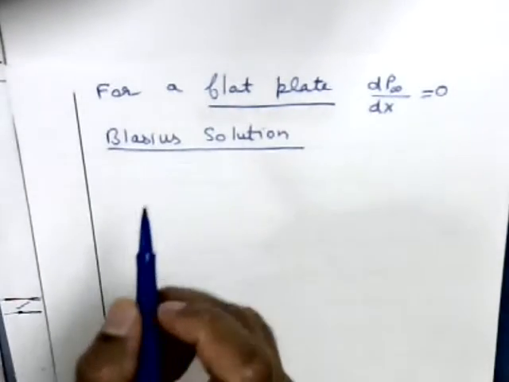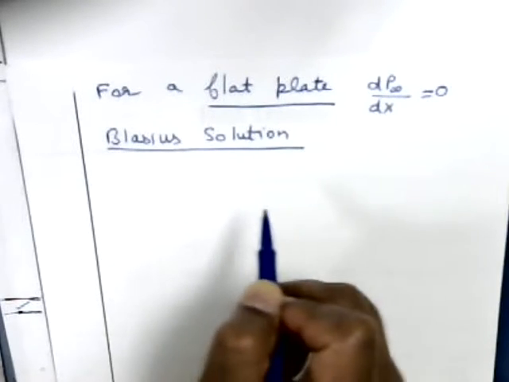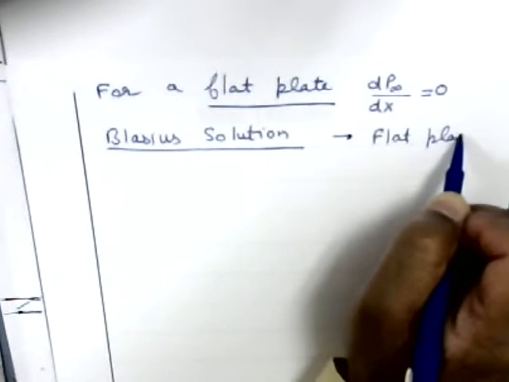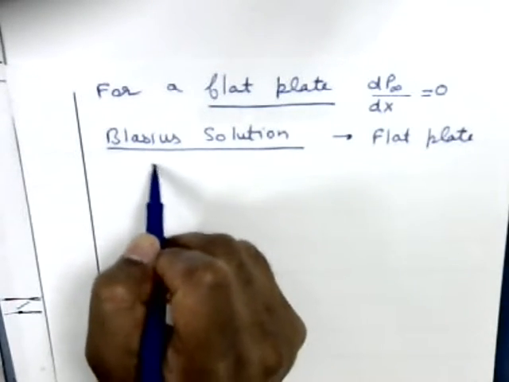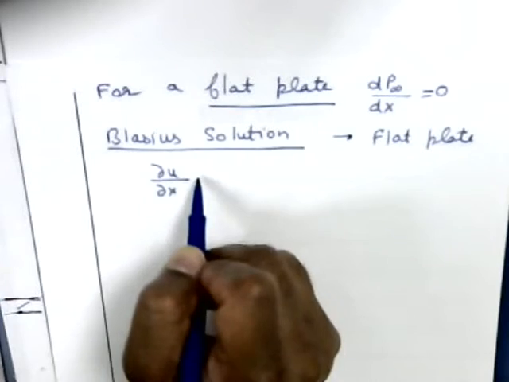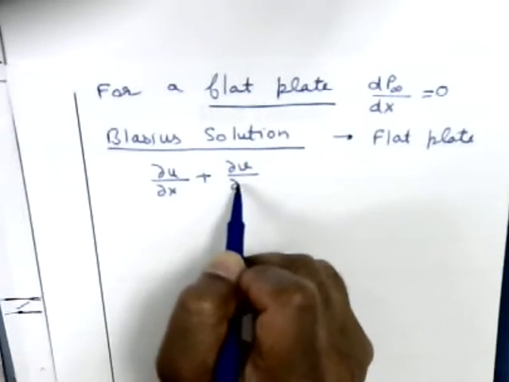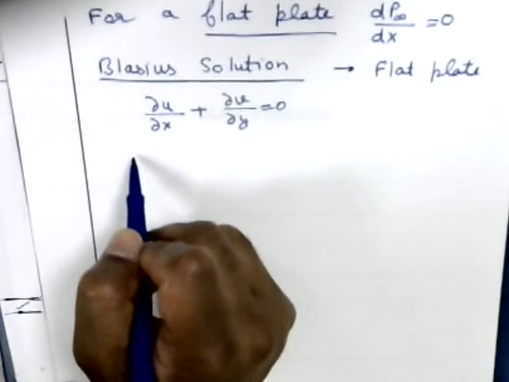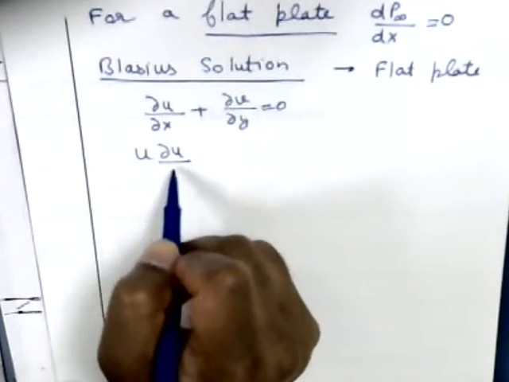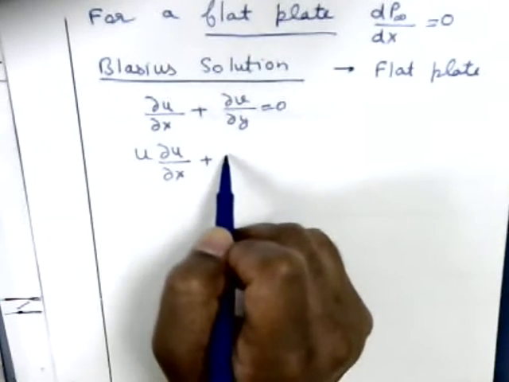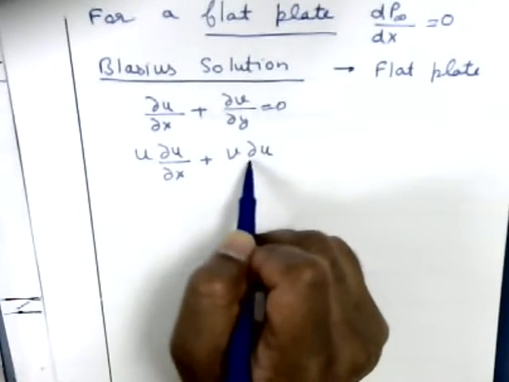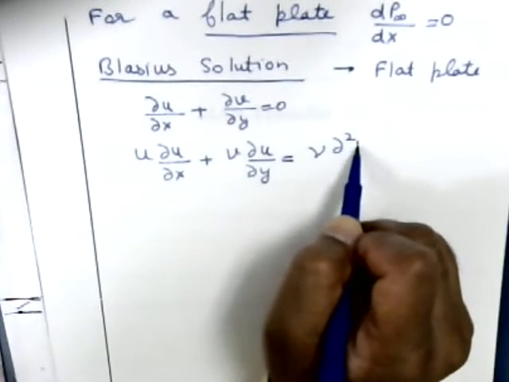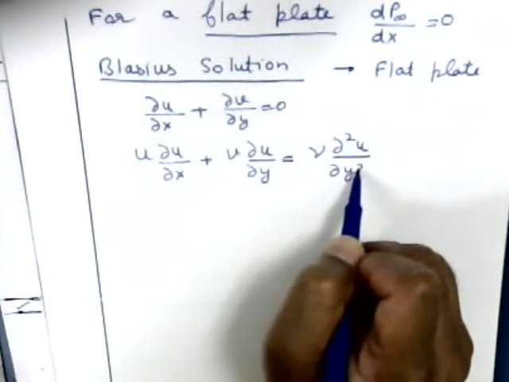So first let me write down the boundary layer equations for flow over a flat plate. We are considering a flat plate. So the equations are the continuity equation, del u/del x plus del v/del y equals 0. The x momentum equation, u del u/del x plus v del u/del y equals nu del square u over del y square.